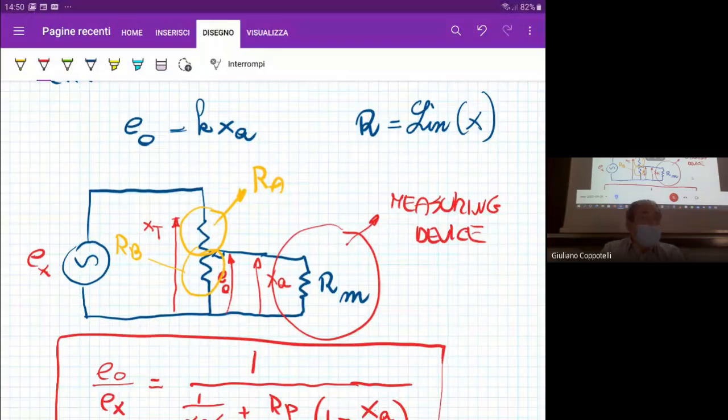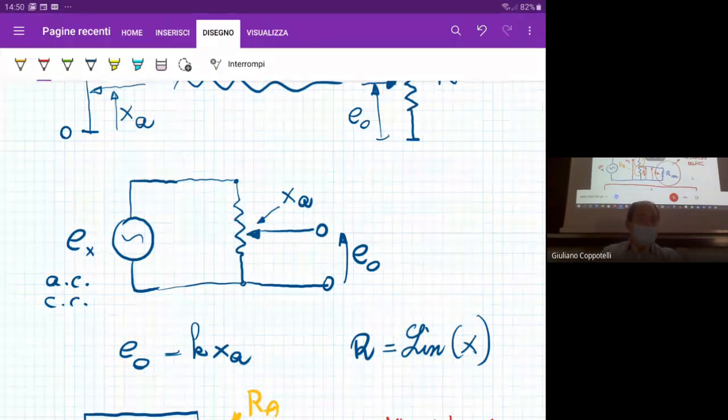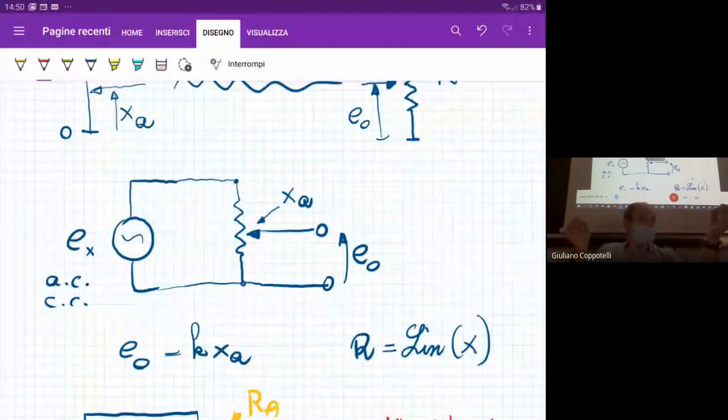Rm equal to 0. We don't have any resistance. But if you are setting Rm equal to 0, then you have a short circuit, everything flowing there. It is just the opposite. Rm should be infinite. So it is an open circuit. And therefore, you have this one, open circuit.